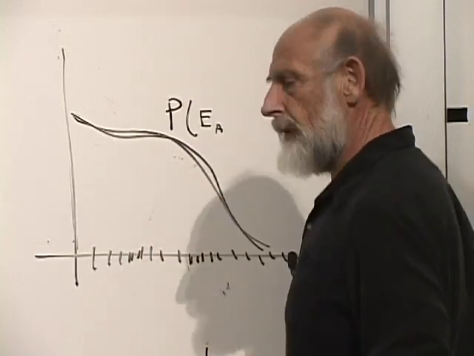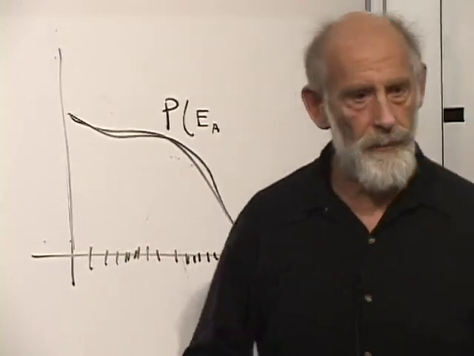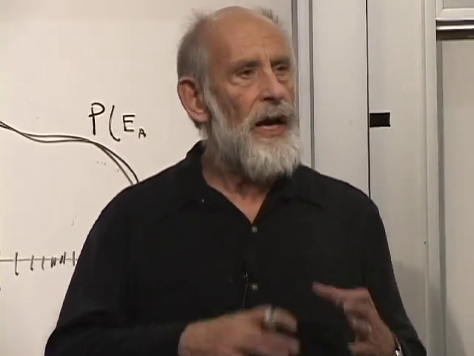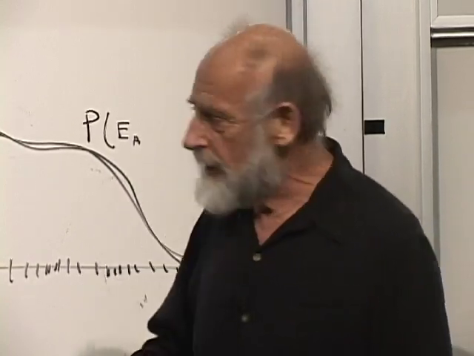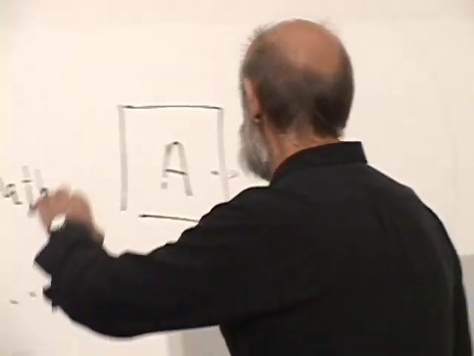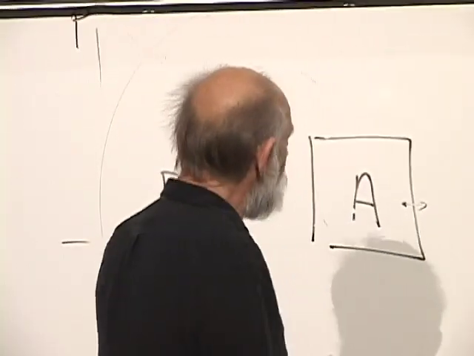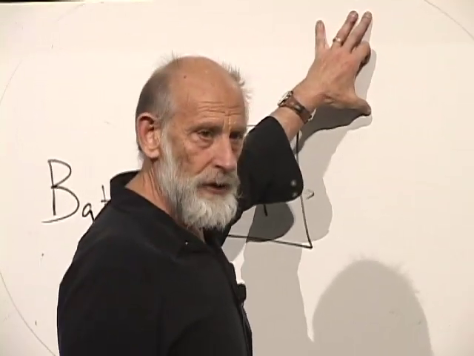So let's just think of a probability distribution which is parameterized. In other words, it's a whole sequence of different probability distributions. The different probability distributions correspond to different values of the overall energy.